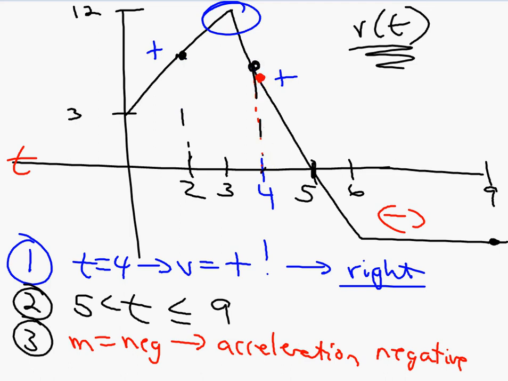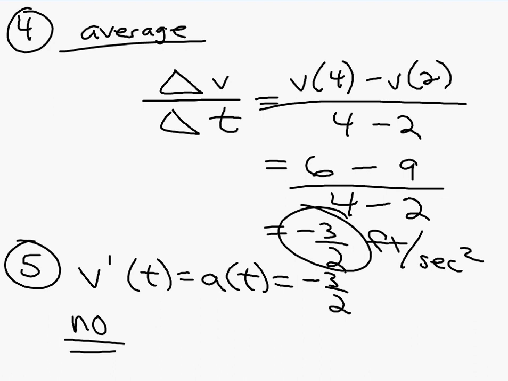Remember what a secant line is. This is a secant line, right? At some point, there has to be a place where it winds up being -3/2. Well, the problem is, when I get up here, I can't describe that. Okay? Let's look at question number 6.